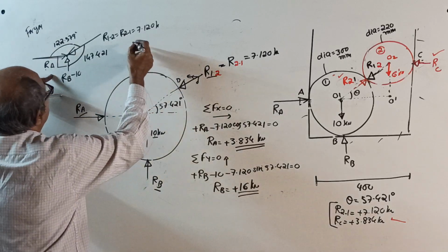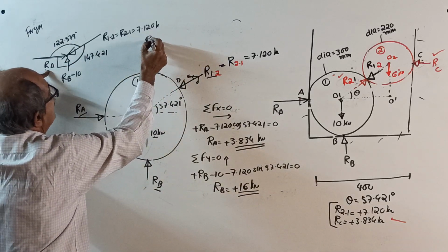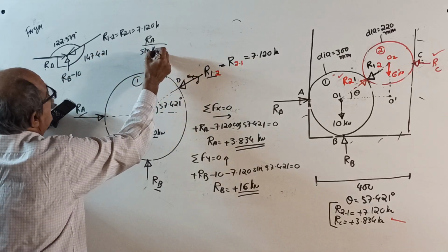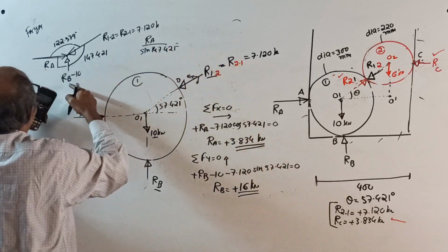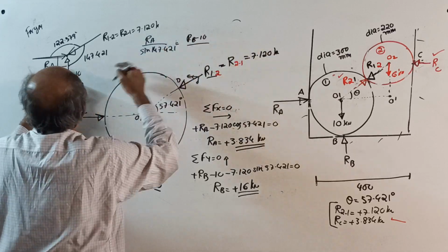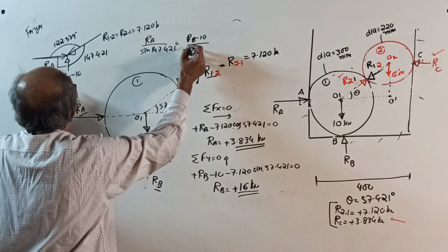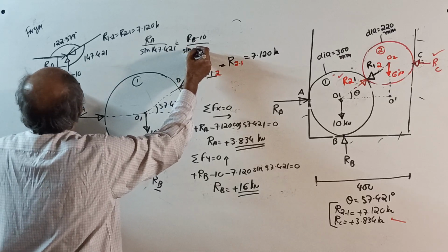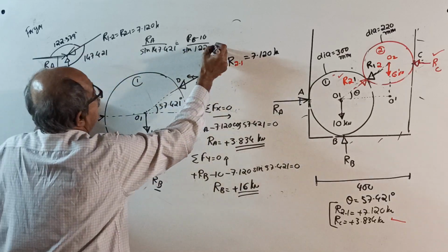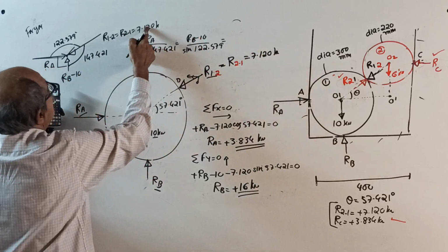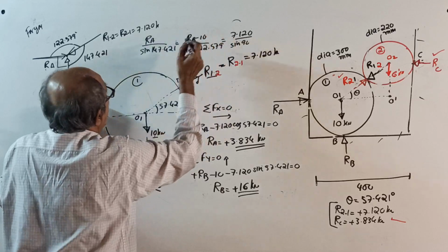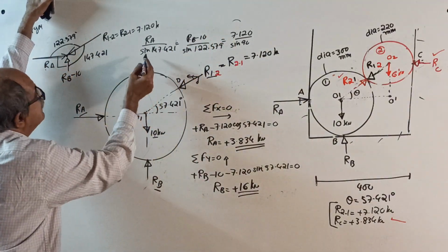See, RA divided by sine 147.421 equal to RB minus 10 divided by sine 122.579 equal to 7.120 divided by sine 90. Solve, you will get the same answer.